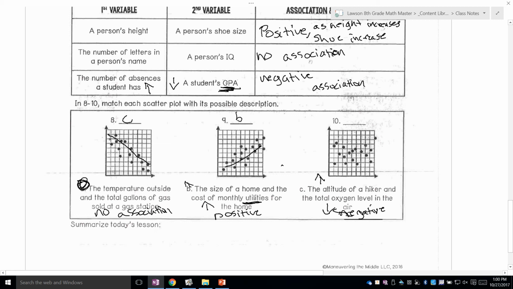So I'm going to put B here because we said that B had a positive association. And then 10, of course, is going to be our last one, which was A, but we obviously see here that we couldn't draw a line because this data is all spread out. So it's going to have no association, which is what we said the temperature outside and the total amount of gas sold at a gas station is.